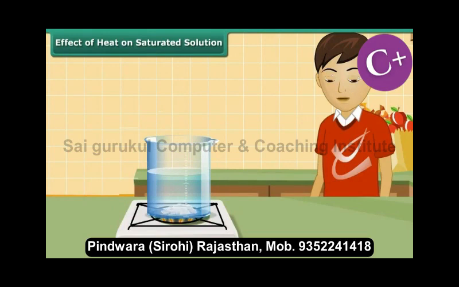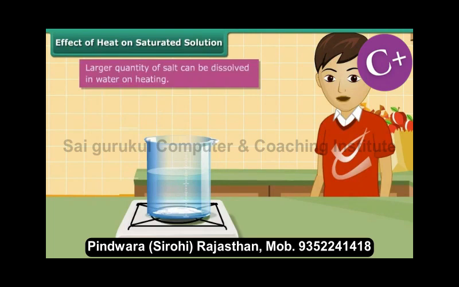Yes, it starts dissolving in the solution. Let this hot solution cool. Does the salt reappear to settle at the bottom of the beaker again? Yes, it does. Students, this activity shows that you can dissolve a large quantity of salt in water by heating.